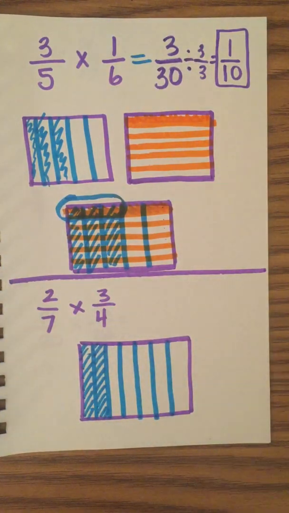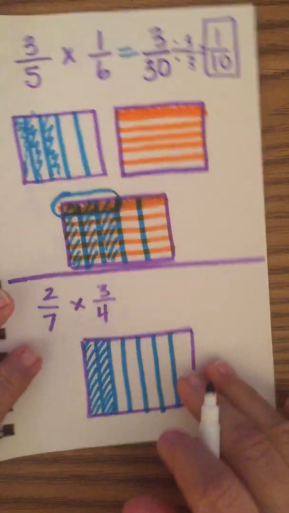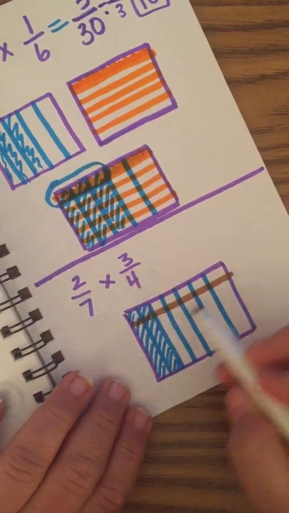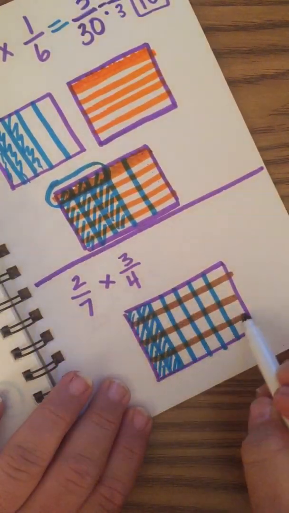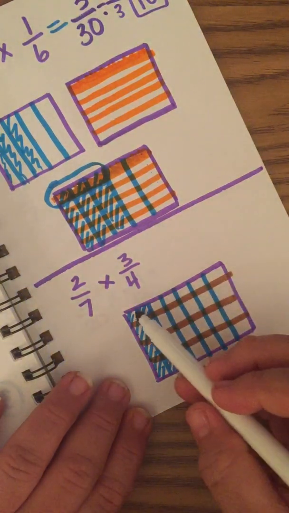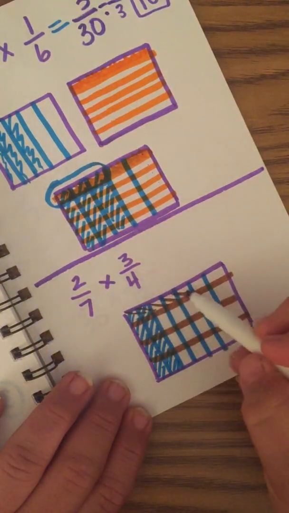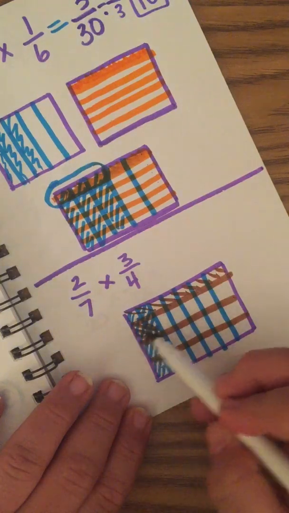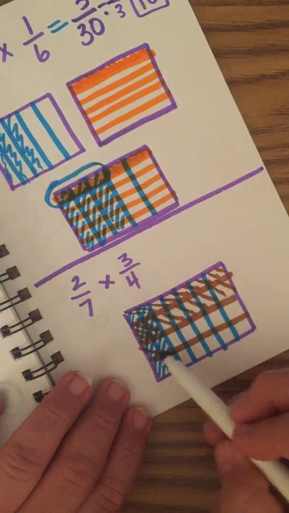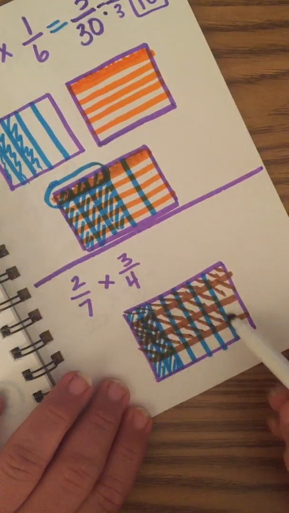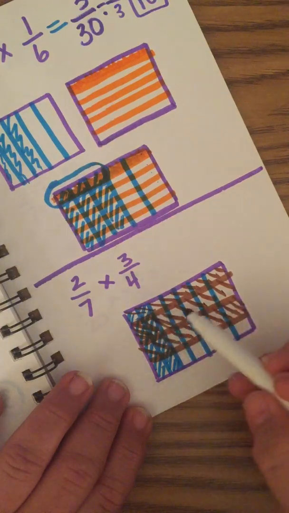Okay, now I'm going to shade in or create 3/4 going horizontally. 1, 2, 3. That puts it into fourths. And I'm going to shade in 3 out of the 4, is what I meant.